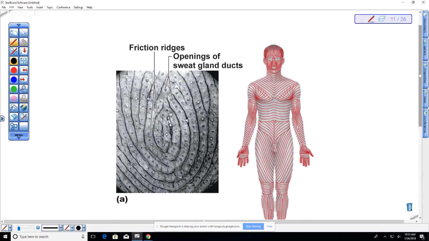Each of these ridges has little openings of sweat glands. So when your fingers are sweaty, supposedly you're able to hold on to things better than if they're not sweaty, right? This is the reason why we leave fingerprints everywhere, because we have these sweat glands on our ridges. So when we touch something, it leaves the pattern behind.